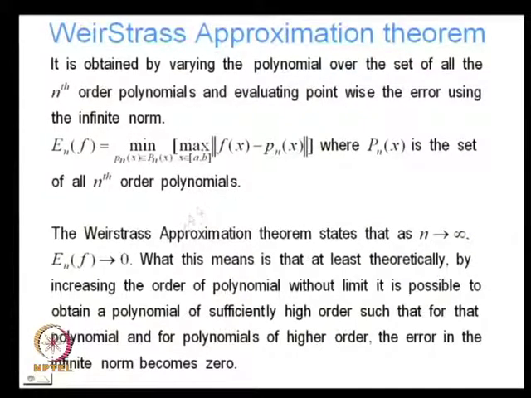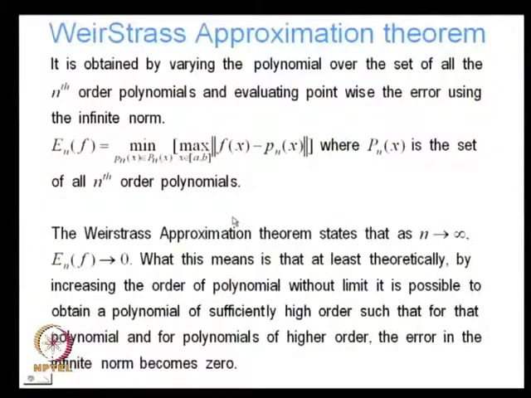Okay. So there is a theorem called the Weierstrass approximation theorem, which states that as n goes to infinity, En(f) goes to 0. What it says is that if the order of my polynomial becomes infinitely large, then this error, defined like this, is going to go to 0.